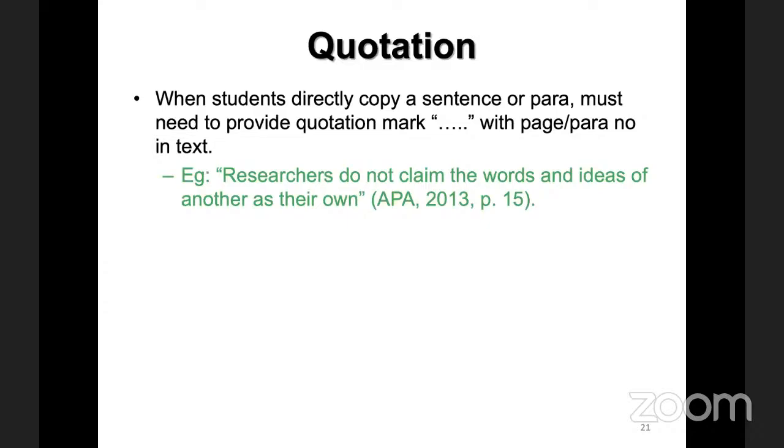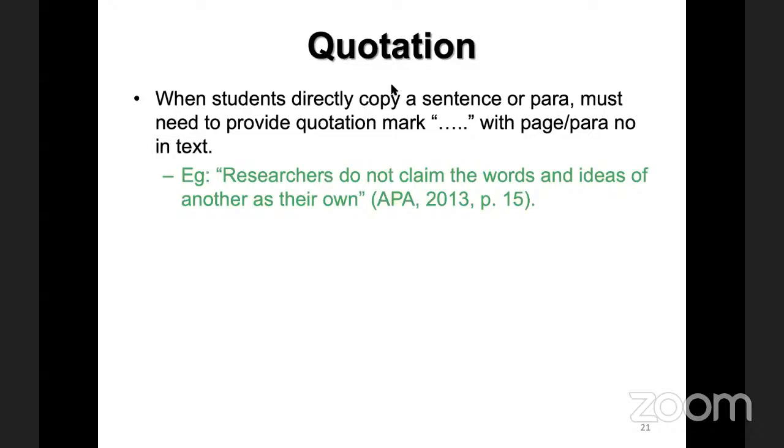Let's say you'd like to define something, but you'd like to bring a definition from past literature. If you'd like to bring a definition from a previous researcher, you cannot change or summarize that definition. You must quote it as it is.